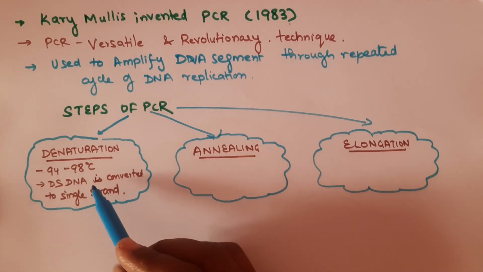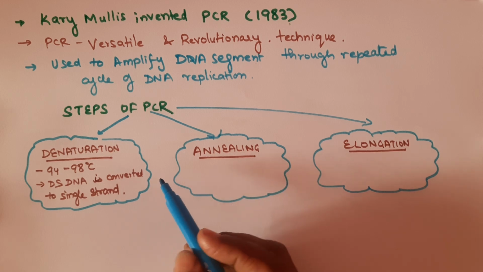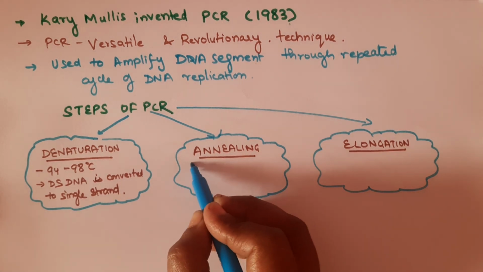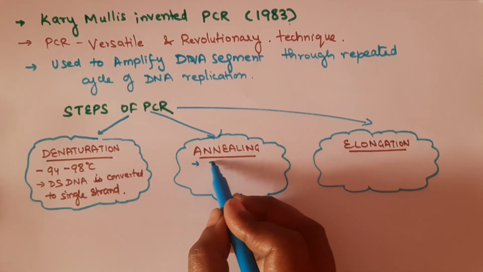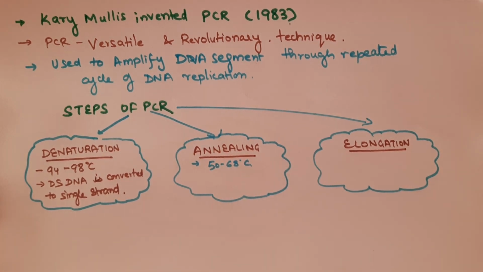Now let's talk about the annealing. In annealing, once the double strand DNA is separated into single strands, the temperature is lowered. The temperature for annealing is around 50 to 68 degrees Celsius. In the annealing step, there are single stranded DNA molecules which we call primers.